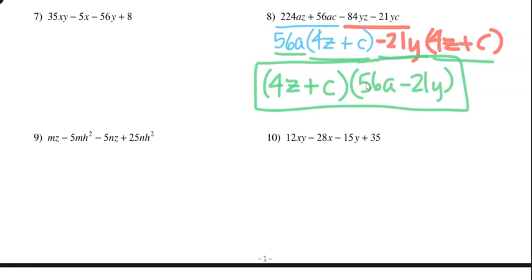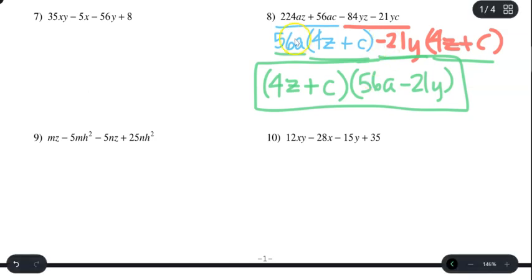Again, you can see how this works. What if I wanted to take a quicker route, though? Do you see any common factors between 224, 56, 84, and 21? Probably one that's not immediately obvious.